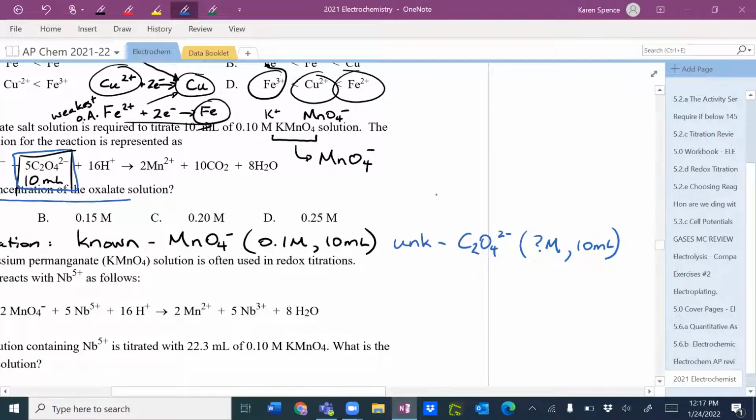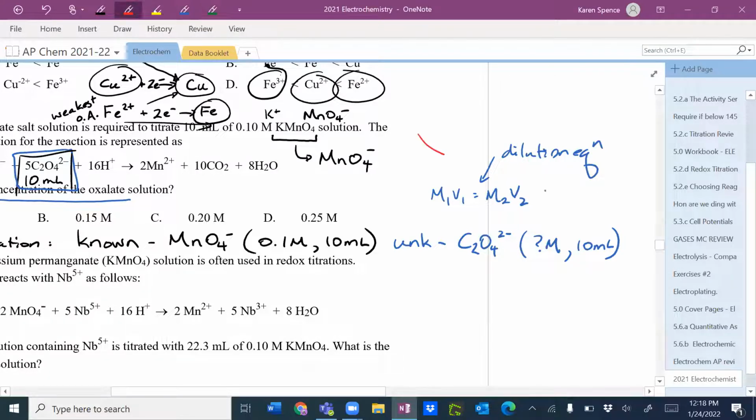And so what you're going to do, please, please, please do not do this. My grade 12s, my regular 12s have started using M1V1 equals M2V2, which is a dilution equation. It is not a titration equation. If people use this doing a titration, I feel like they don't really know what they're doing. I think they're just slamming things into a formula and hoping for the best.